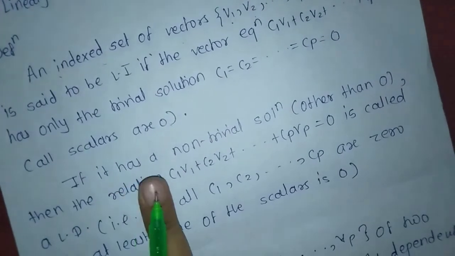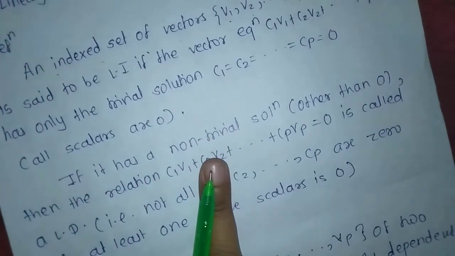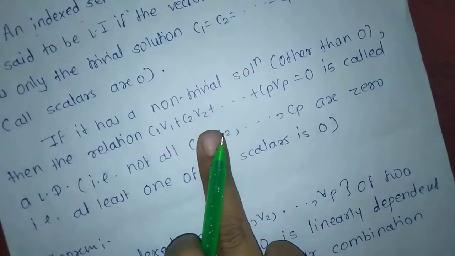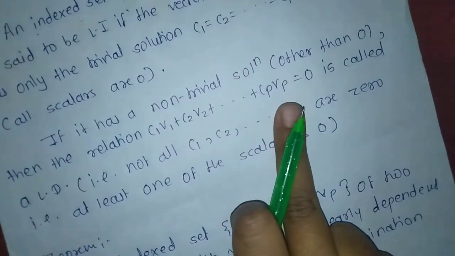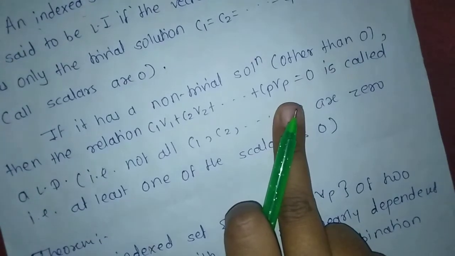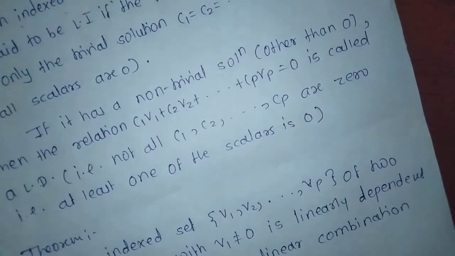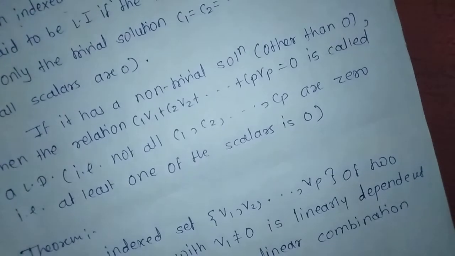And if it has a non-trivial solution, meaning other than the zero solution, then the relation is called linearly dependent. That is, not all of c1, c2 and so on up to cp are 0. That is, at least one of the scalars is not equal to 0.